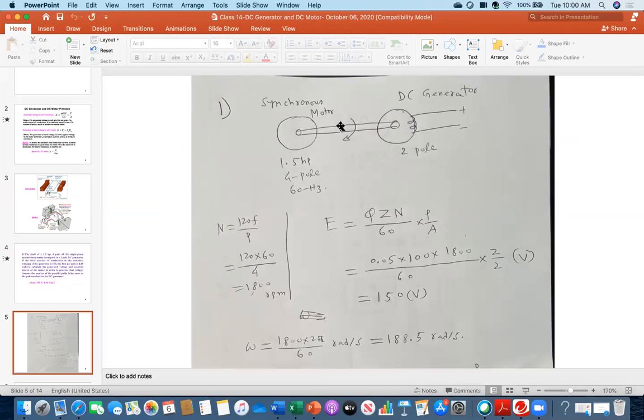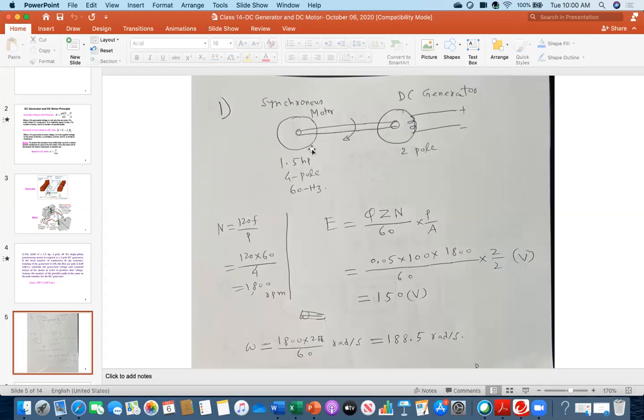This is the shaft of the generator, but it is the common shaft for the synchronous motor and generator. That's why first you start the synchronous motor, and it starts spinning. Consequently, because it is the same shaft, the DC generator shaft is also rotating. That is the meaning. So this will be your schematic.